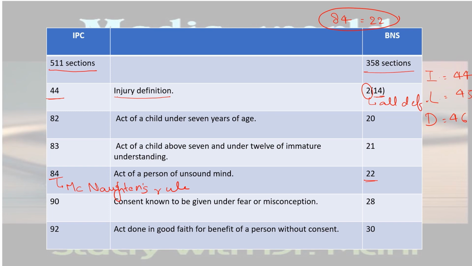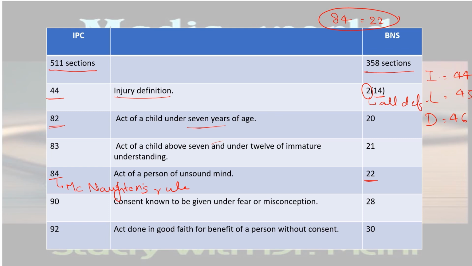Okay. 82, we remembered the mnemonic: I ate 2 mangoes, and children below 7 years of age, they like mangoes. So any child performing any crime below 7 years of age is not liable or responsible for that criminal act. So 82, 84 we all know, 84 is equal to 22.